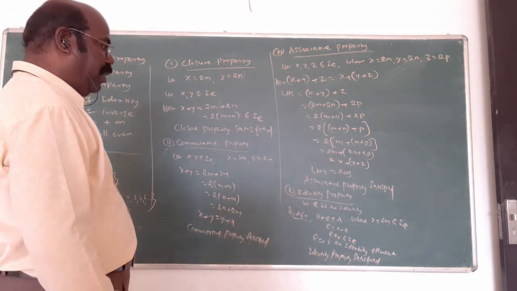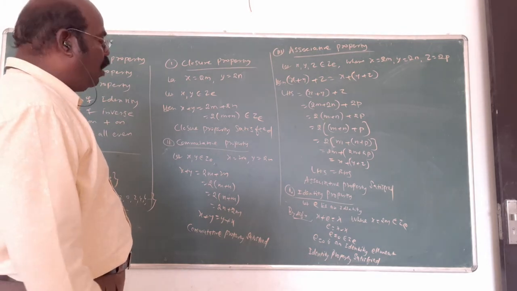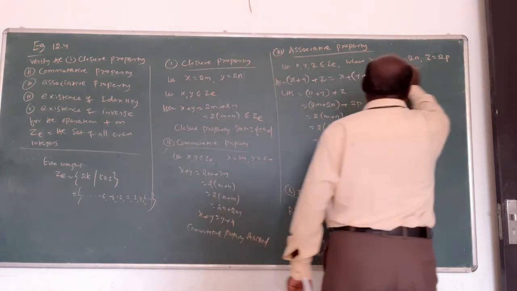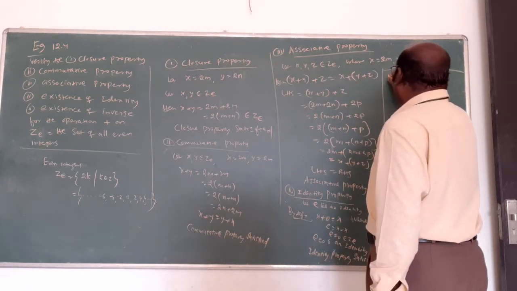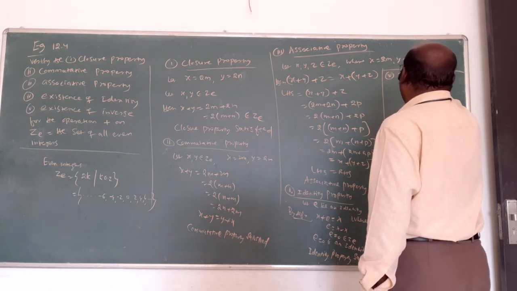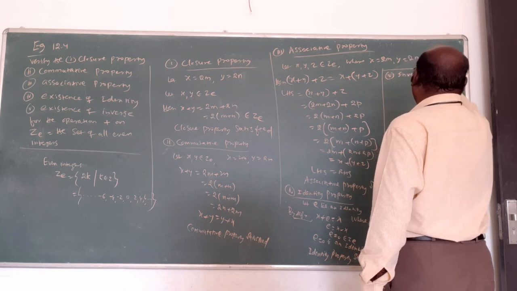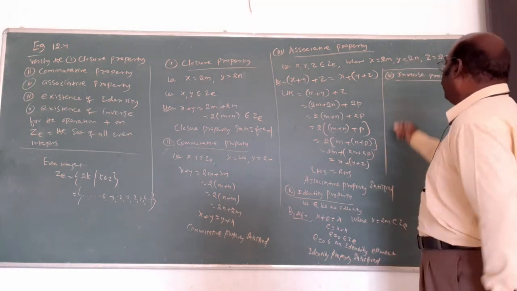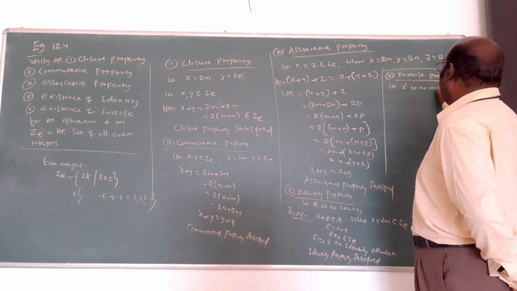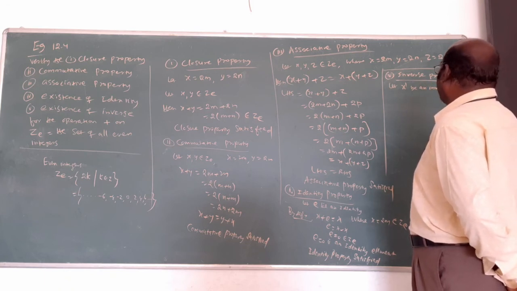The last one is what? Inverse property. Inverse means what I told you? Only the negative result, in addition. Fifth subdivision, inverse property. Let x dash be the inverse of x.